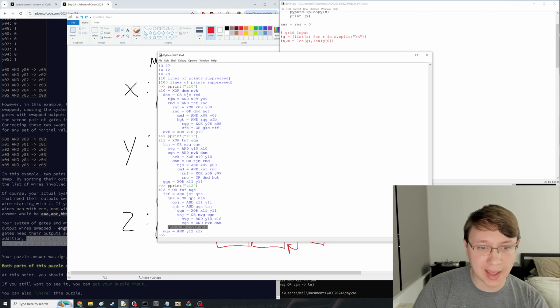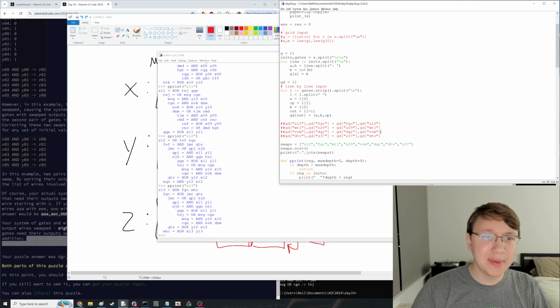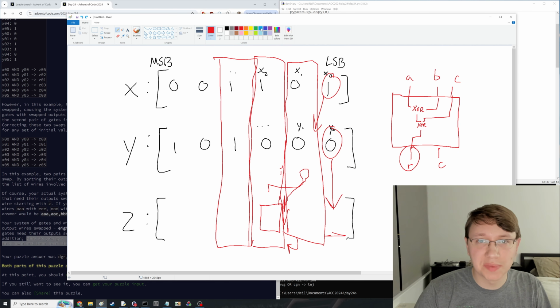I guess a few things we could have done. Well, we could have looked at what uses XOR as an input. I did not end up doing that. I ended up mostly checking the next bit. A thing I also thought about was that maybe the 2 wires that were crossed were the output of this and the output of this.